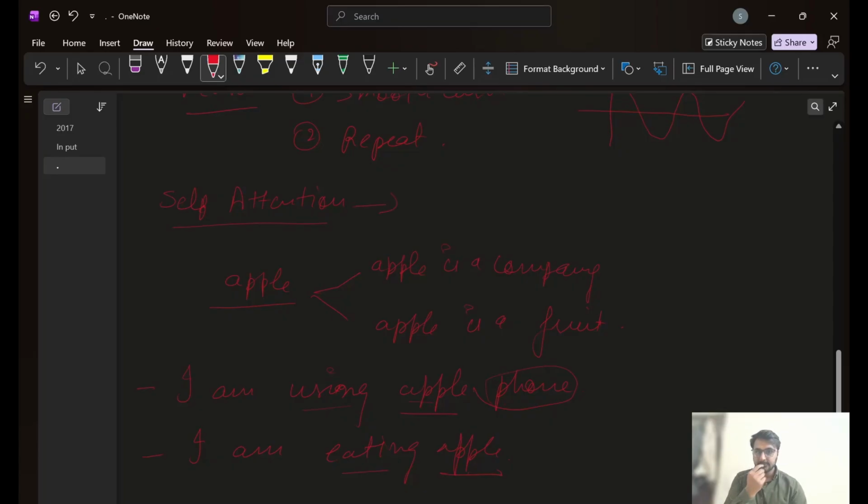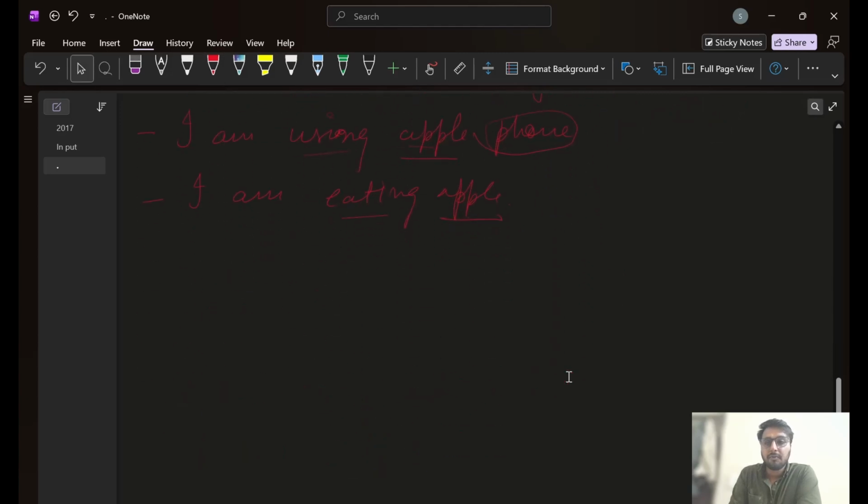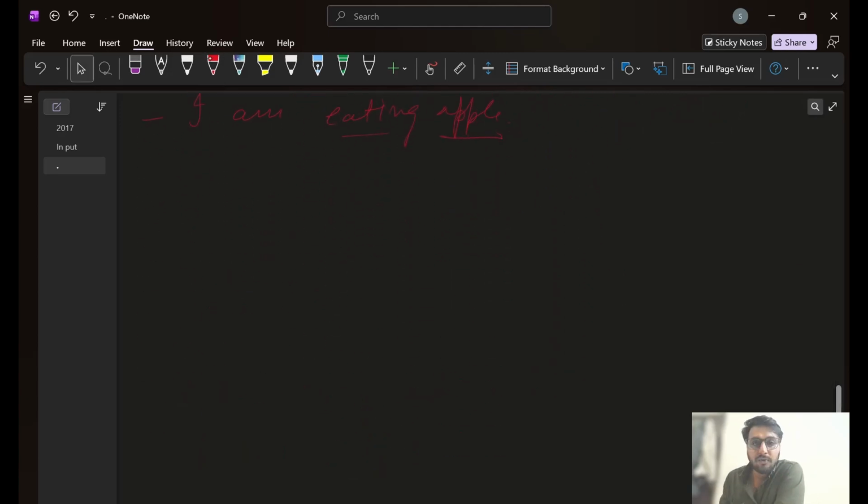For now, if we want to understand how attention can understand this context, it can do so by creating query, key, value vectors.